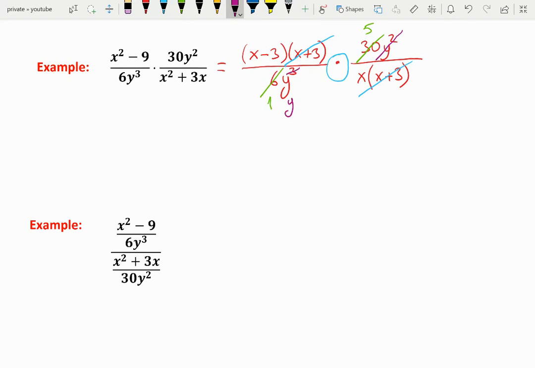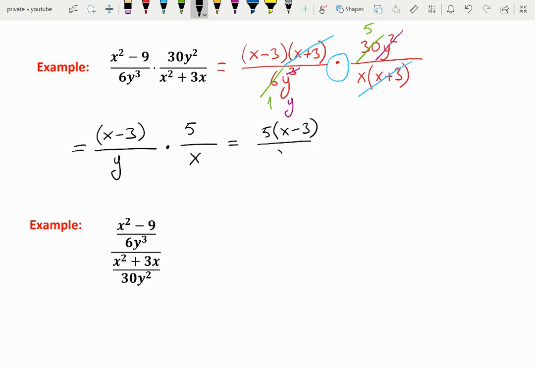Let me write down what I have left: x minus 3, and here only y. Here I have 5, and in the denominator I have only x. Let me write all of them together: 5 times x minus 3 over x times y.